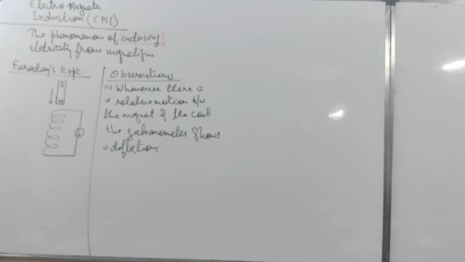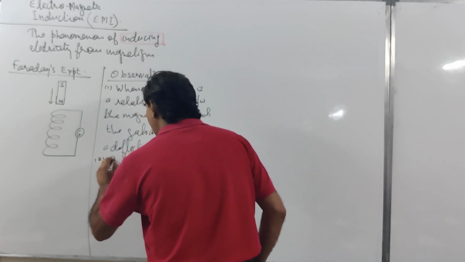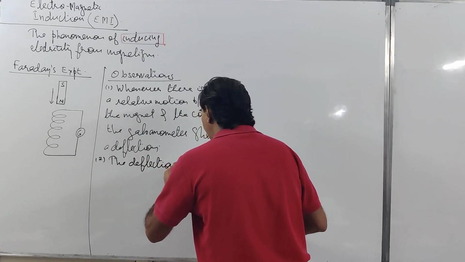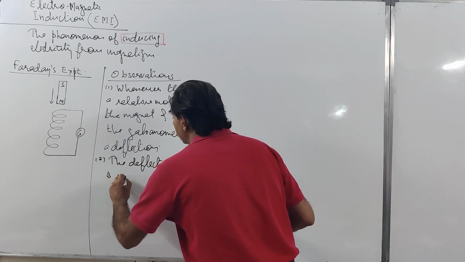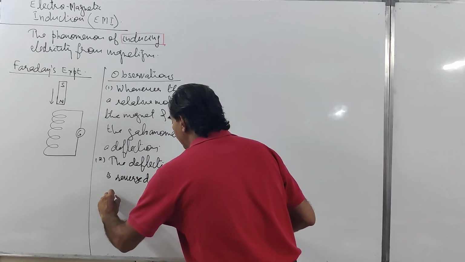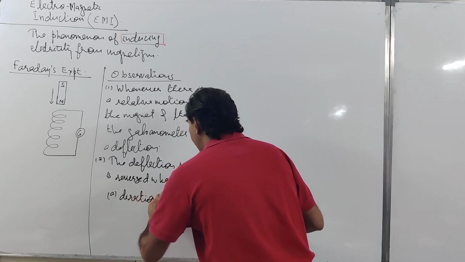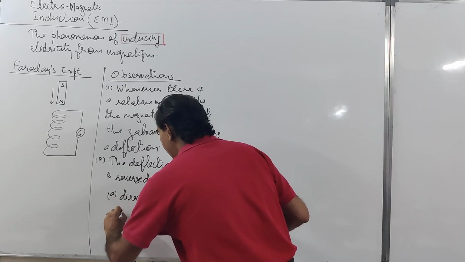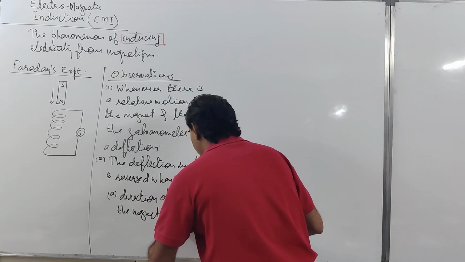It will be reversed in two ways. Second point: the deflection in the galvanometer is reversed when, number one, the direction of motion of the magnet is reversed.